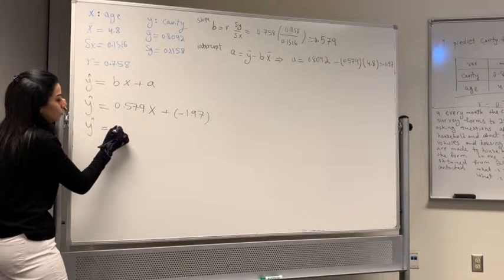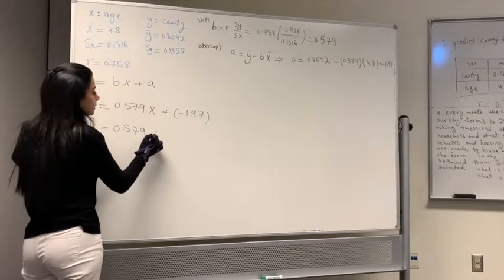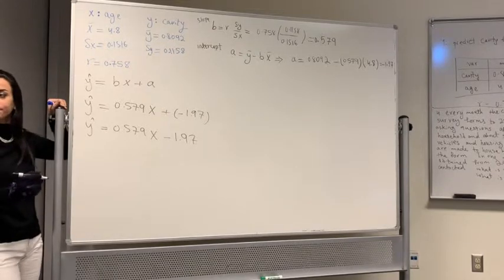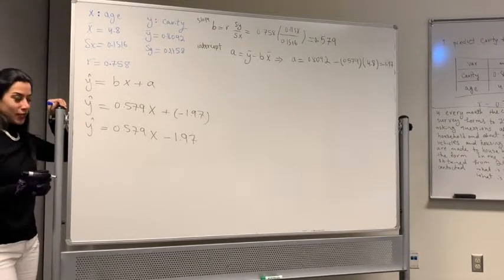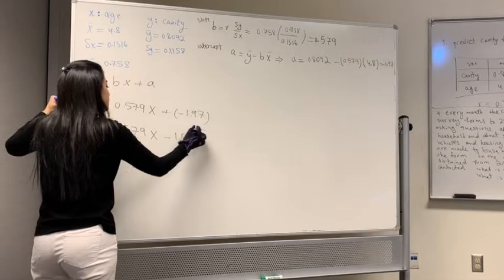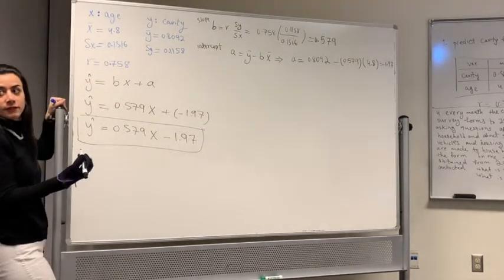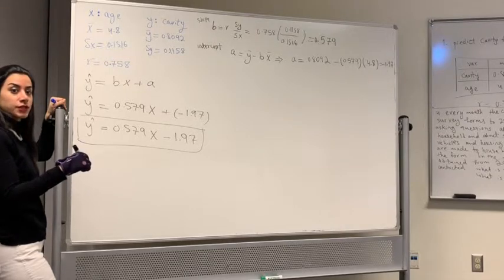So we have y hat equals 0.579x minus 1.97. Correct? All of you? Yes. So this is the equation for the least square regression line. Correct? And then what was the next question?